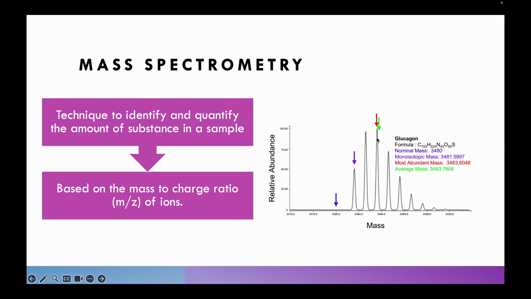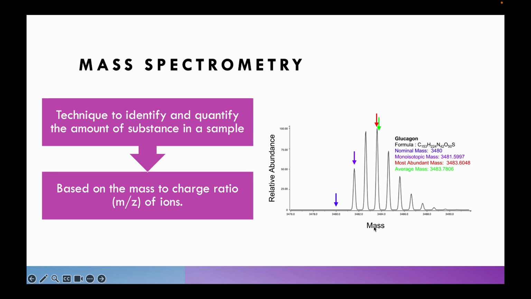This technique uses the molecular weight of the compound, the formula, and the molecular weight, and different isotopes have different weights, right? Isotopes have the same number of protons but different numbers of neutrons, and then there is the most abundant mass, which is normally found.